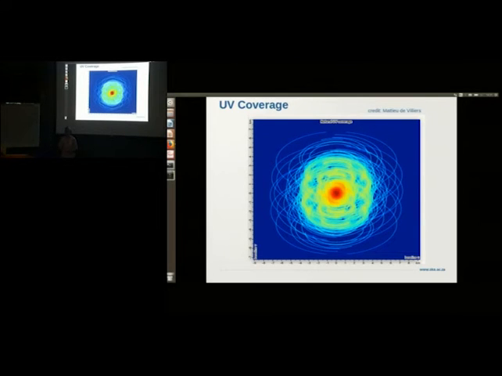So for MeerKAT, that is 2016 baselines. So that is 2016 points on the UV plane, and then as you observe for longer, it creates these tracks. So this is for an observation of 8 hours long with a source declination of negative 30 degrees.